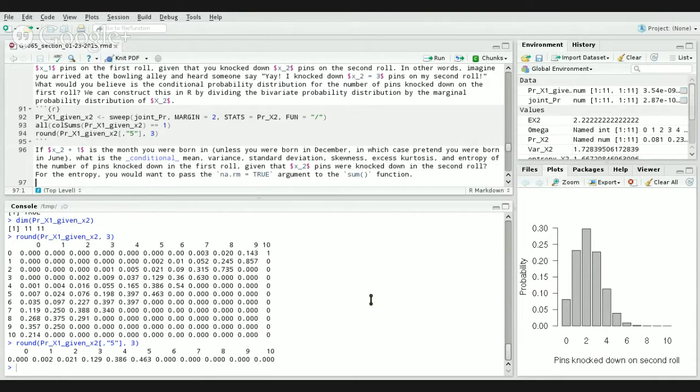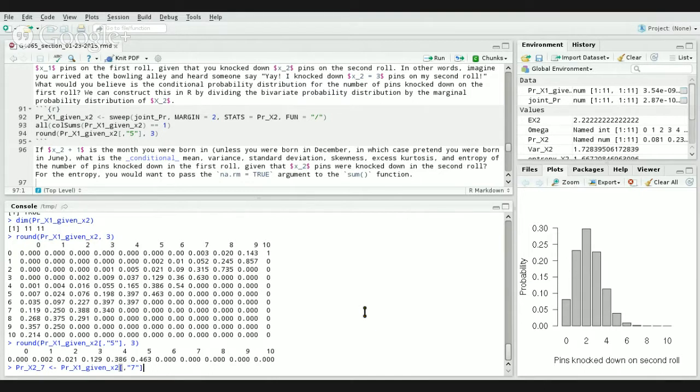So to do this in R, I was born in August. So if x2 plus 1 is 8, then x2 is 7. And I will just extract out the column labeled 7.